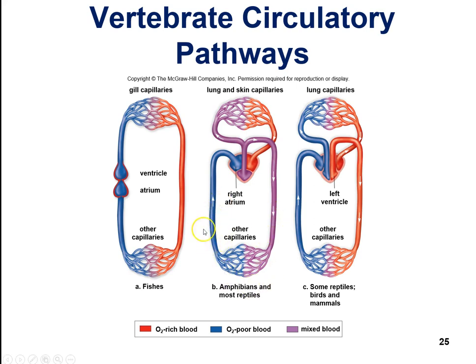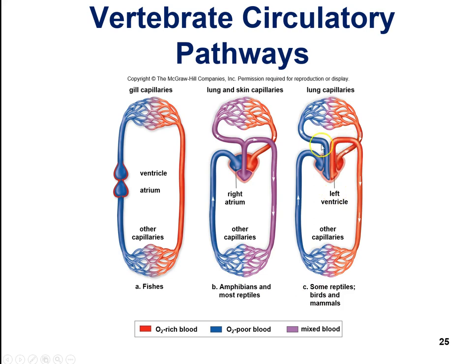Now you can see the unoxygenated blood comes in through the right atrium here and moves into this ventricle. Only one ventricle gets pumped out, and you can see this mixed blood here. Basically, blood coming from the lung and skin capillaries that's oxygenated mixes with this unoxygenated blood, and then it gets moved to the ventricle and pumped out throughout.